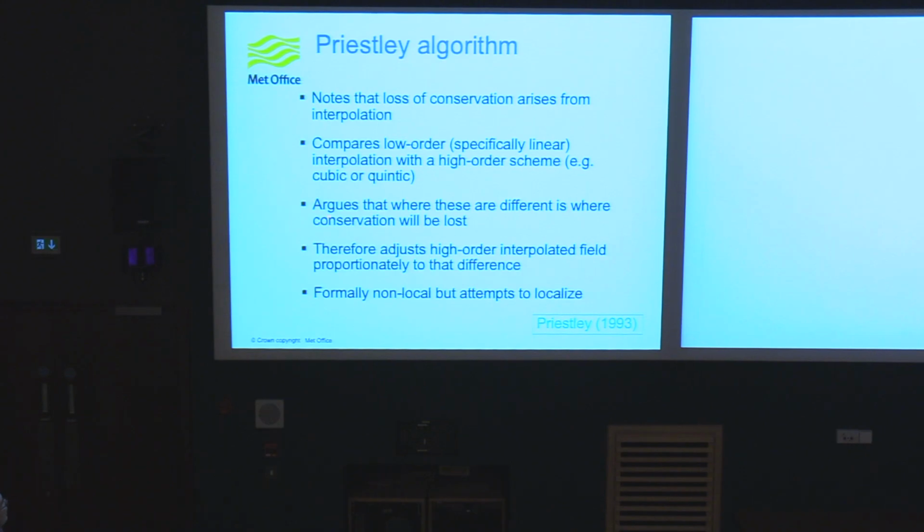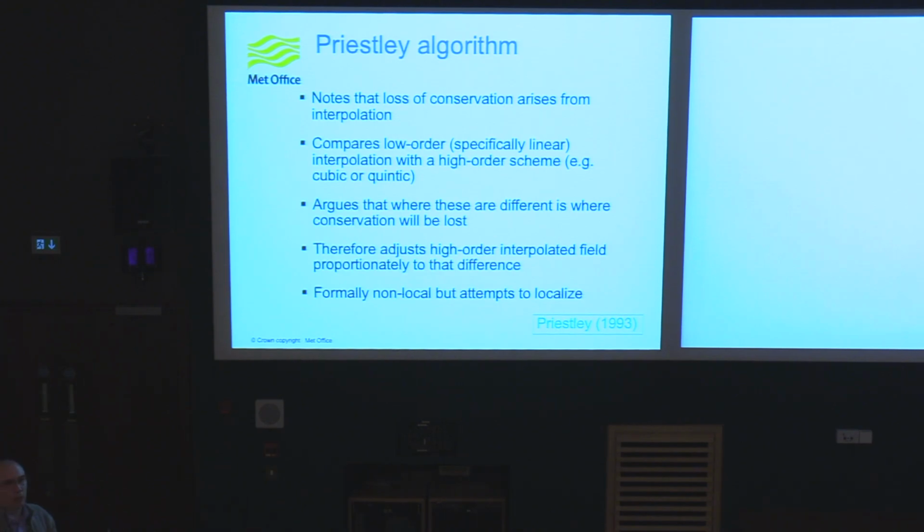So that's what I've tried to say here, where a low order scheme might be linear, compared with our high order, cubic or quintic. Where they're different is where conservation is being lost. Therefore, in those regions, we change the high order scheme proportionate to that difference.